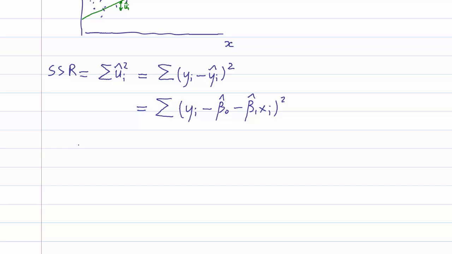So we want to minimize the sum of squared residuals over beta 0 hat and beta 1 hat. So the sum of yi minus beta 0 hat minus beta 1 hat xi, and all of this squared.